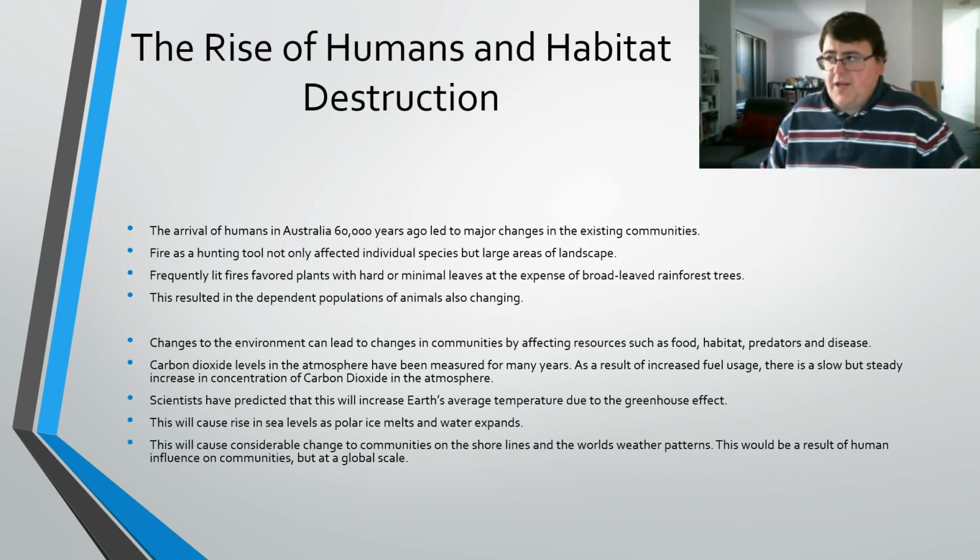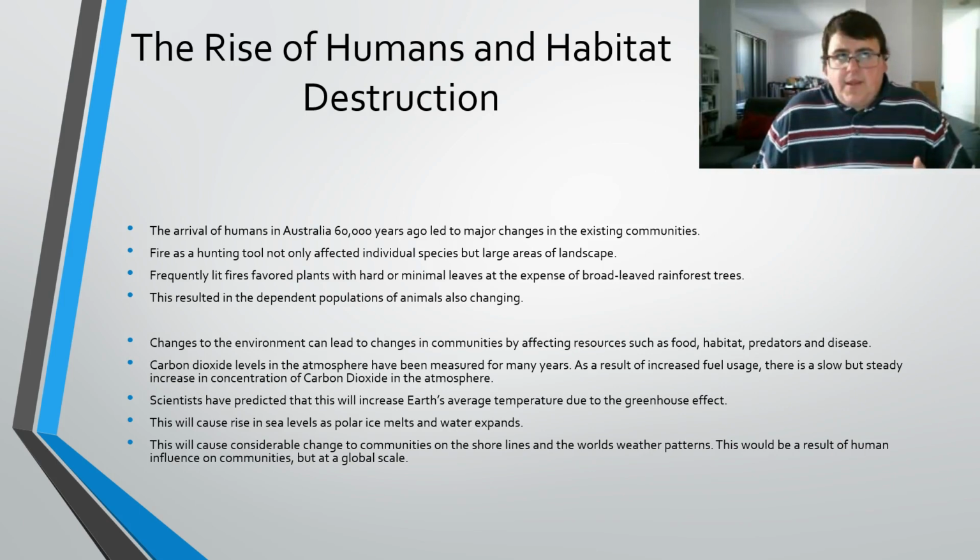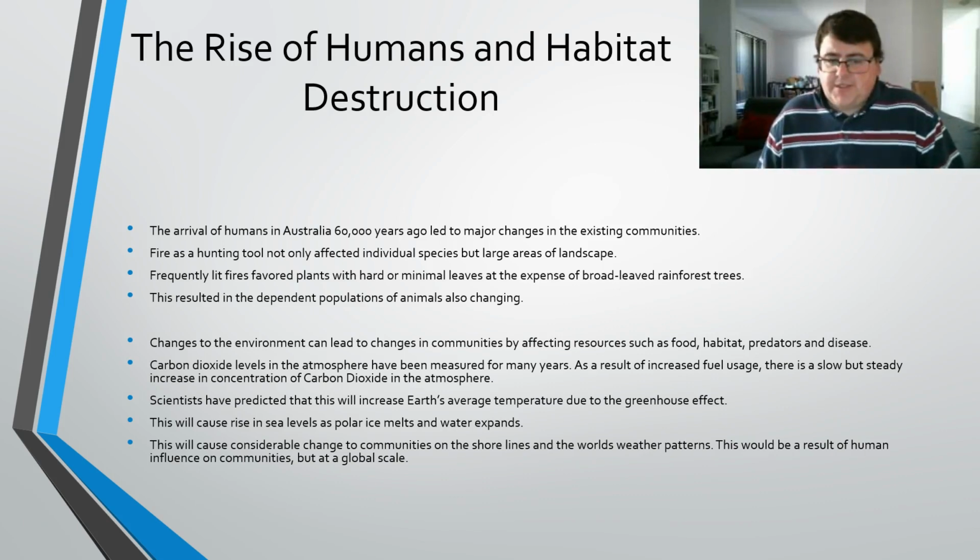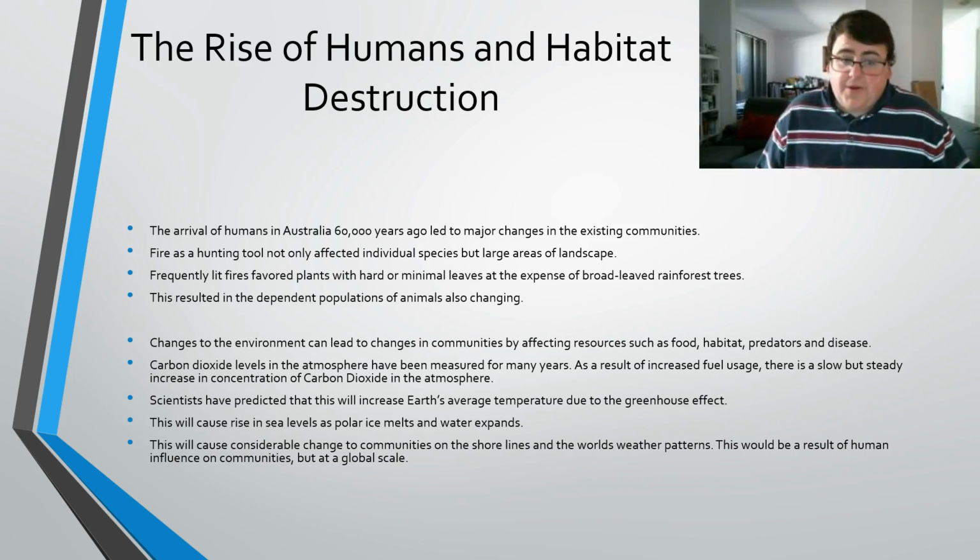The entire Australian bushland now basically thrives under fire conditions, and our plants live in fiery conditions. That's because the frequently lit fires that happened because we were hunting different animals to survive favoured plants with hard or minimal leaves. Those plants could survive those fiery conditions.